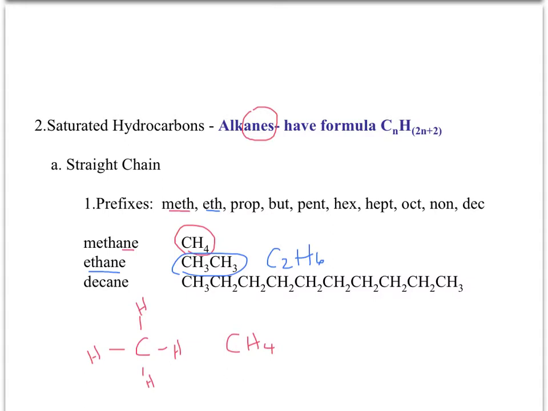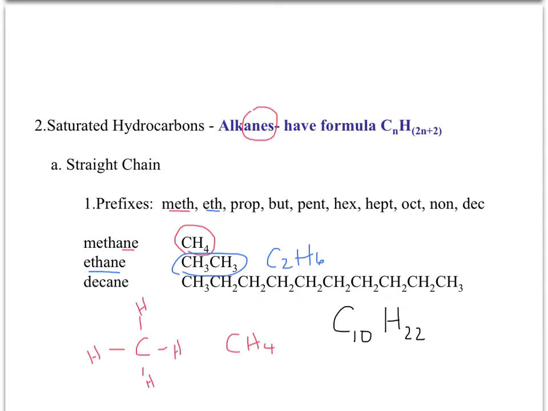And then decane, you can see that one's got 10 carbons, and if it's a C10 saturated molecule, you're going to double the number of carbons, which is going to be 20, and then add 2, so it should be 22. Hopefully that's right.